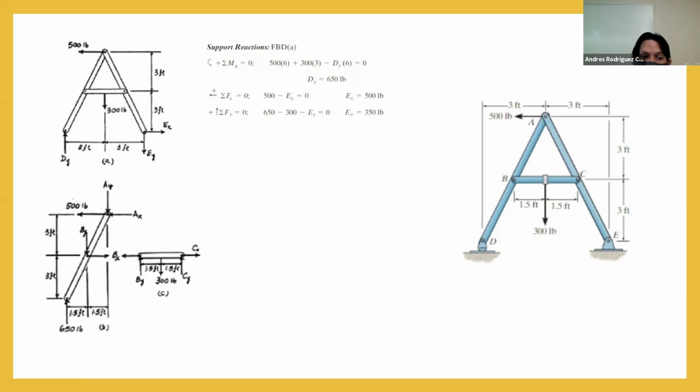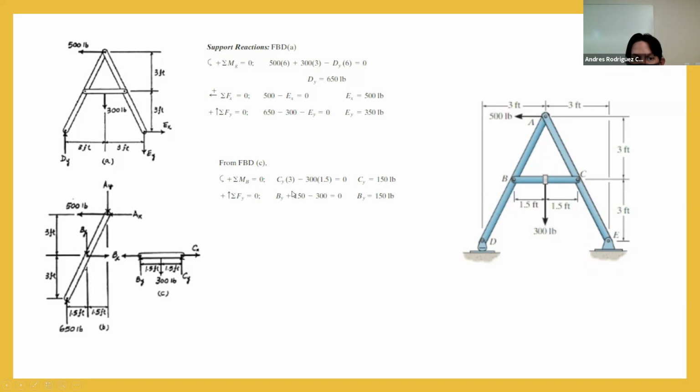After that, we have to do the next two body diagrams, that are going to be this member here and this member here. First, we are going to analyze this member here in order to obtain the forces in these points. So, doing a summation of moments in B, we can obtain the vertical reaction in C. In this body diagram, we got a force here and a force here.